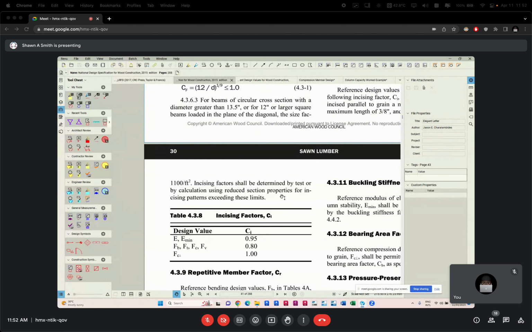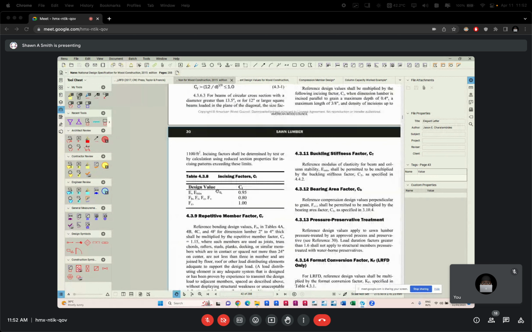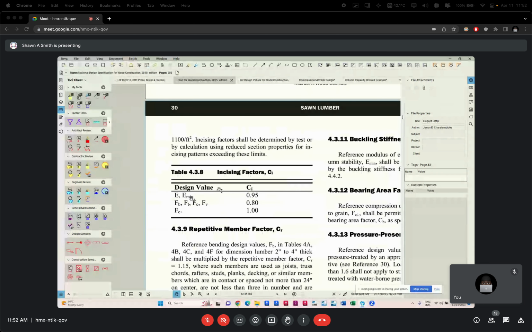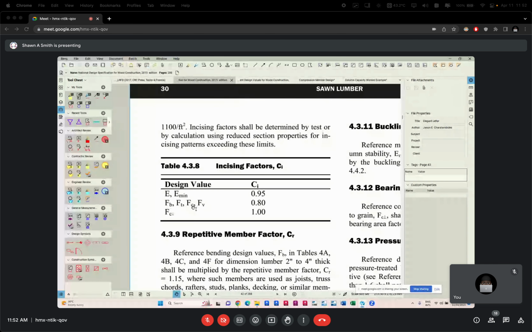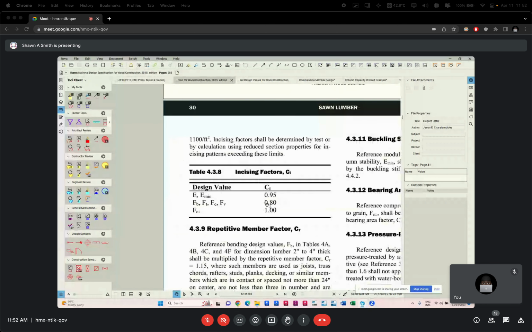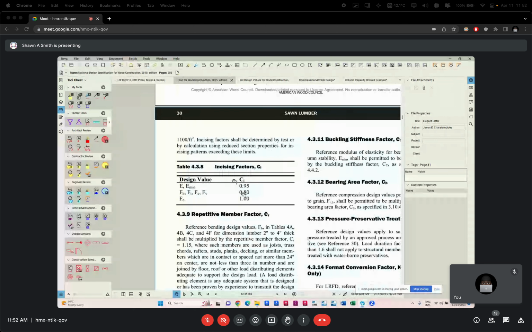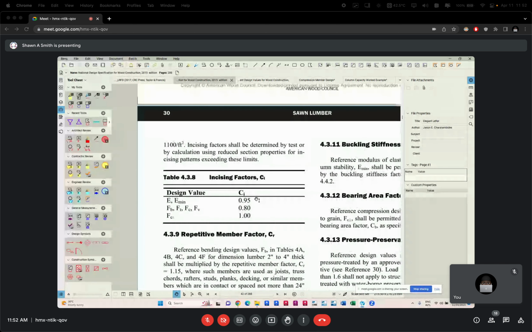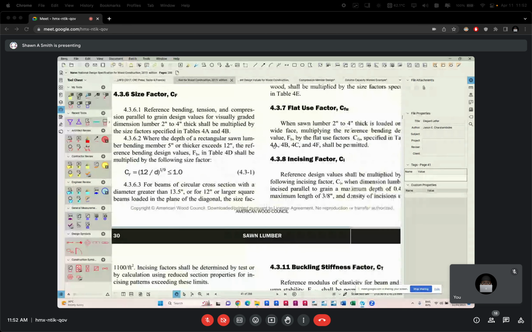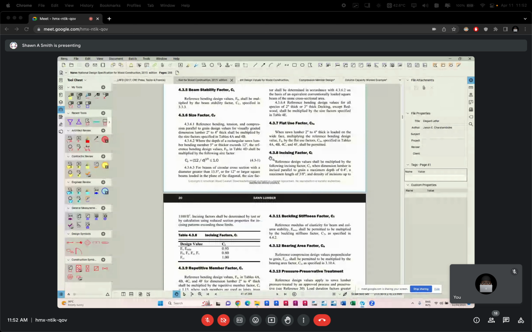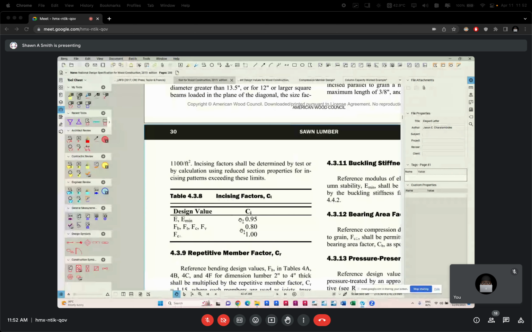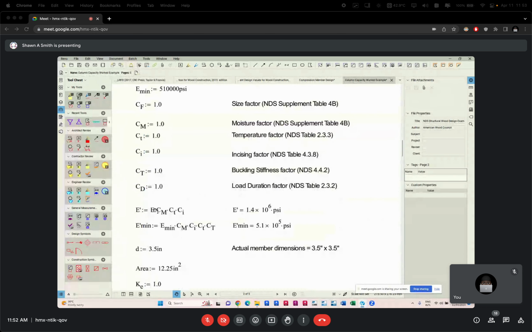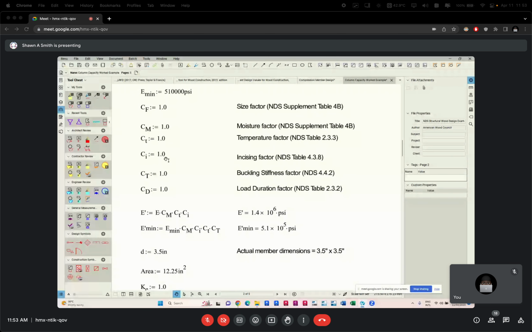For the design value FC, which is 0.8, he didn't say anything about incision. There's no incision really. So a value of 1 changes nothing. If there were incisions there, then this value would have applied. So putting a value of 1 changes nothing.